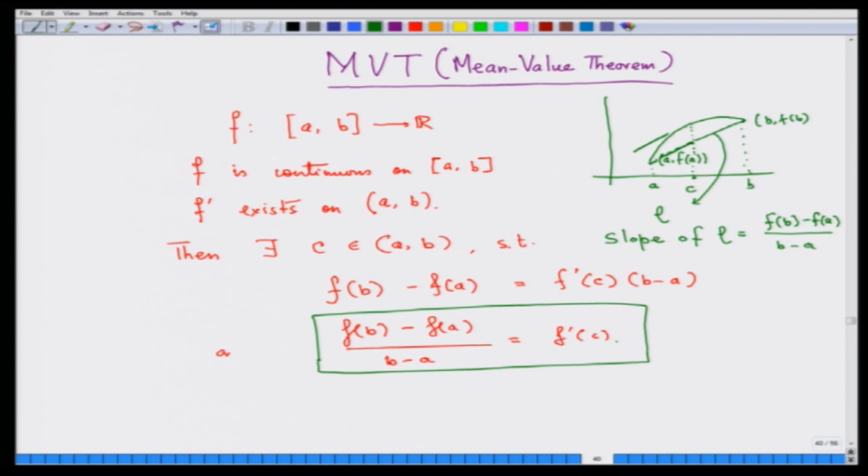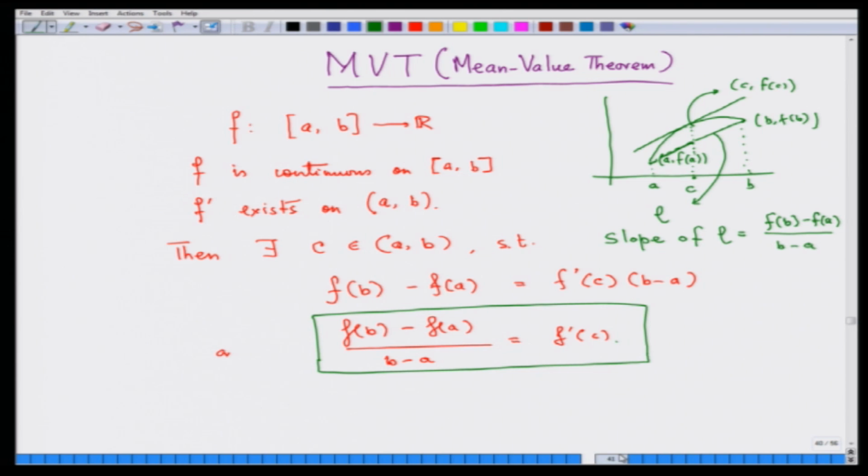If I draw the tangent to the graph of the function at the point (c, f(c)), that must be parallel to the line segment joining (b, f(b)) and (a, f(a)), and then that means that they have the same slope. But the slope of the tangent line at the point (c, f(c)) is nothing but f dash c, and that is exactly what is written. So the geometry gives you the answer.